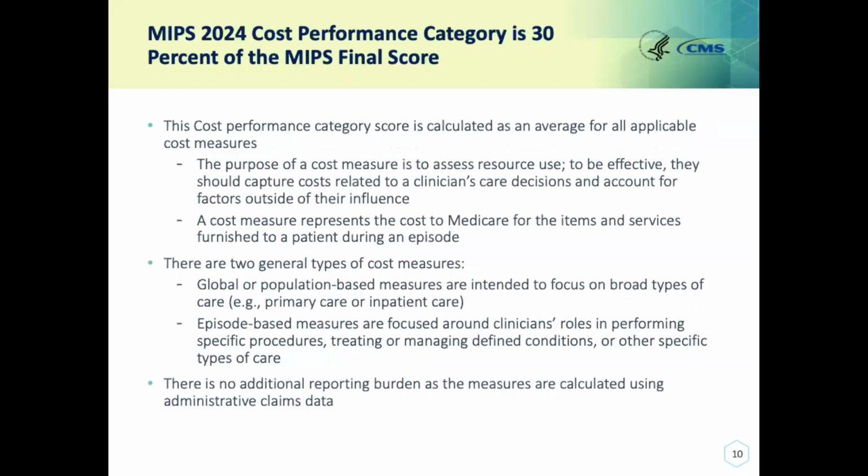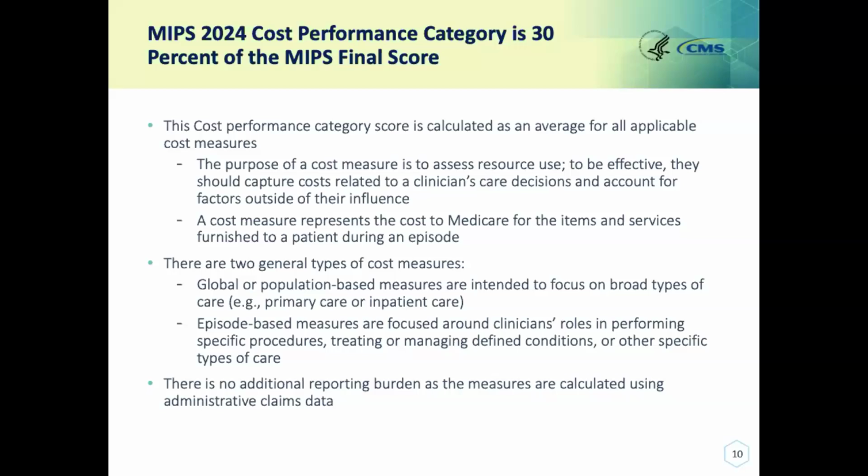And so the cost performance category is calculated as an average of all cost measures that apply to a given clinician or clinician group. For traditional MIPS and MVPs, the cost measures are automatically calculated using administrative claims data, so there's no additional reporting requirement for clinicians. The difference is that clinicians participating through an MVP will only be scored on the cost measures that are 1, within that MVP, and 2, where they meet the case minimum based on claims data. Cost measures represent the cost to Medicare for the items and services furnished to a patient during an episode.